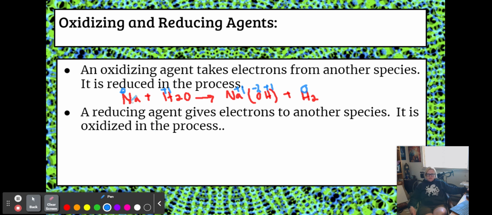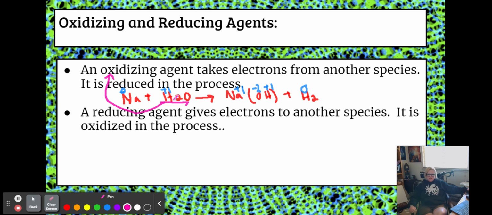From the last slide, we saw that sodium is being oxidized and hydrogen is being reduced. That means we're going to call hydrogen here the oxidizing agent. And it's the oxidizing agent because it is taking electrons from the sodium.